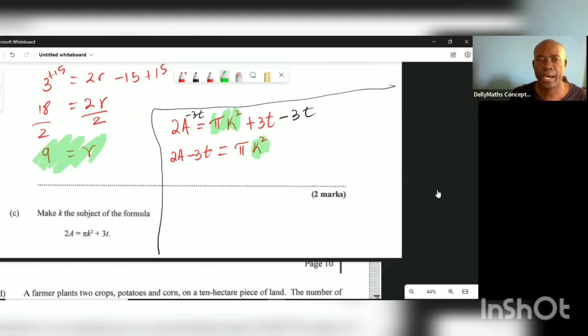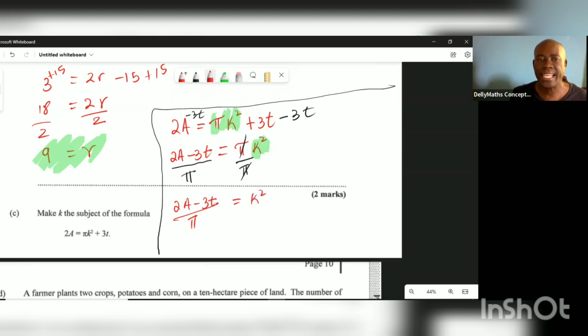I'm going to get rid of the pi. The pi is multiplying, so I'm going to divide by pi, and I balance the equation by dividing by pi. So we could see the pi cancel itself. So at the end of the day, I'll have 2a minus 3t over pi, and this is equal to k squared.